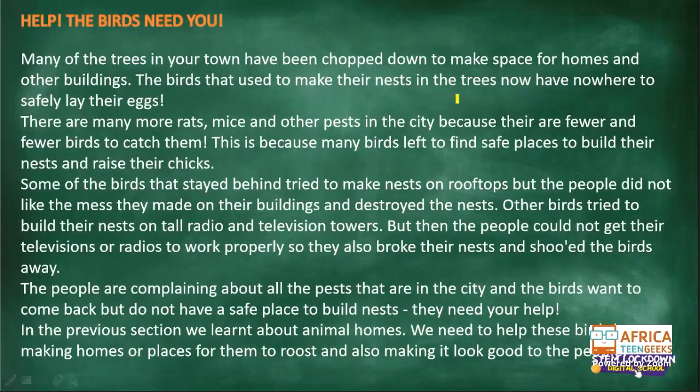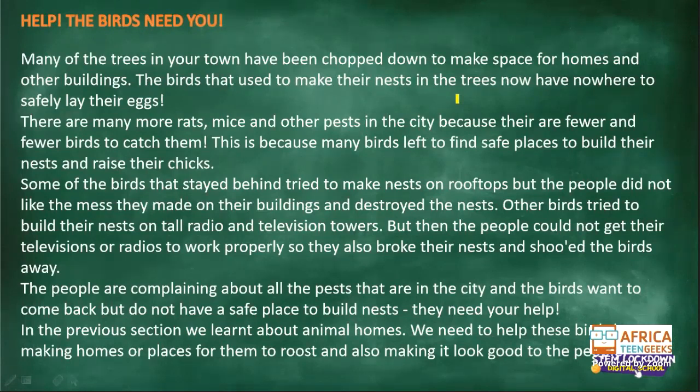Places to build their nests and raise their chicks. Some of the birds that stayed behind tried to make nests on rooftops, but the people did not like the mess they made on their buildings and destroyed the nests. Other birds tried to build their nests on tall radio and television towers, but then the people could not get their television or radios to work properly, so they also broke their nests and shooed the birds away.